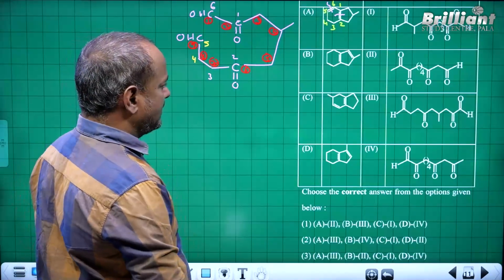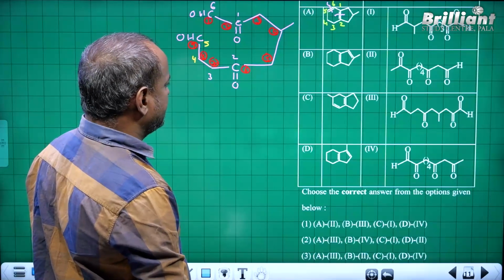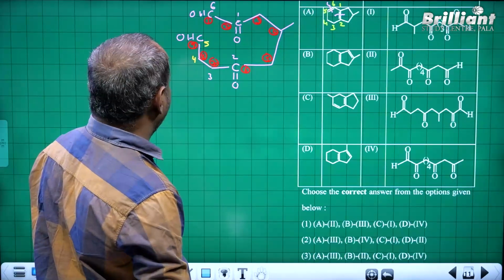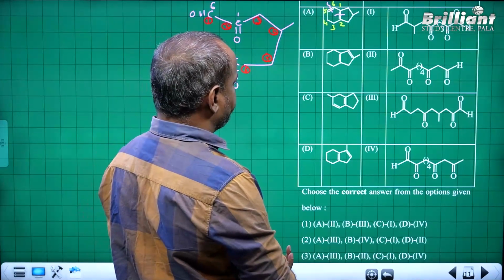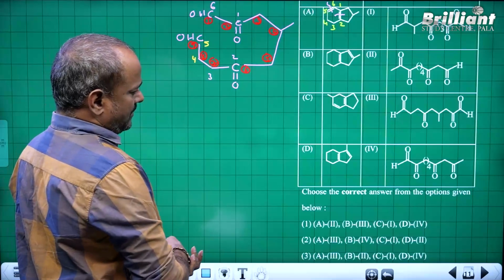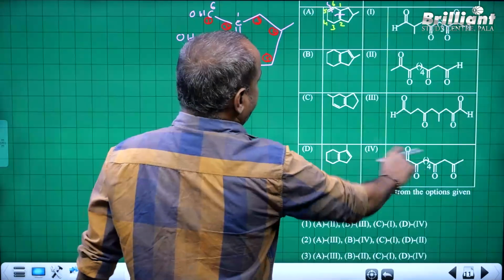So there is 1 aldehyde, and the 9th is an aldehyde, the first and last aldehyde. So almost all except the last one.